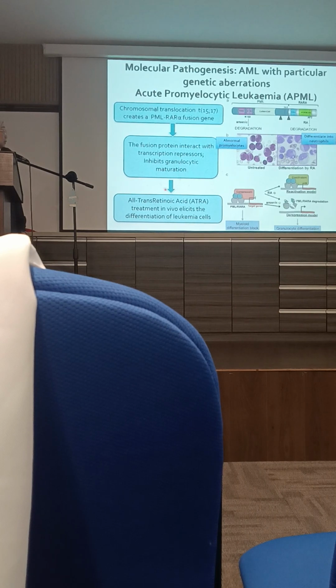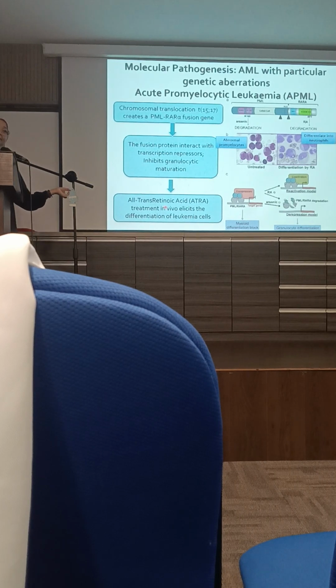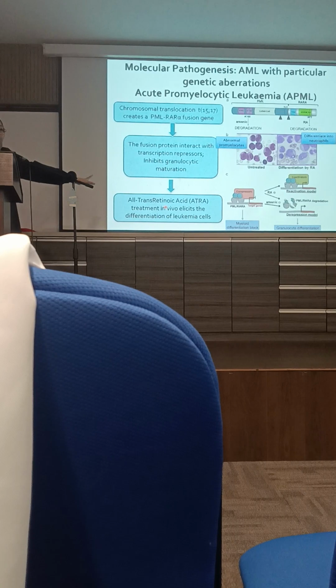Okay. Right. So what happens is that we can give a drug. This is one of the acute leukemias that has a magic bullet. No other solid organ tumor, breast, whatever, has a magic bullet. This one does have a magic bullet.